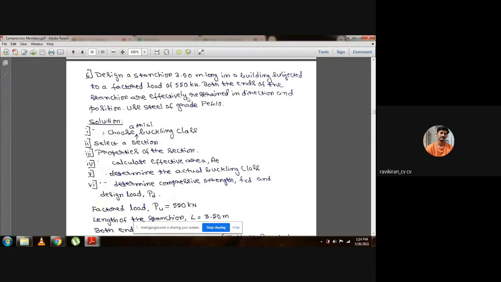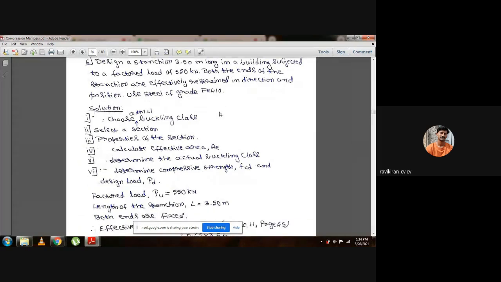So the end condition is given and the ultimate load or factored load is given. The height of the column is given. Both the ends of the stanchion are effectively restrained in direction and position, so it can be considered as a fixed condition. And the grade of the steel is given as 410.